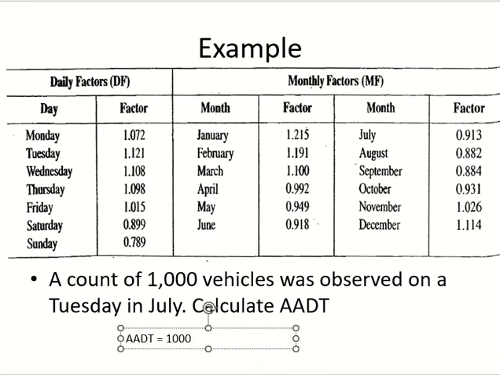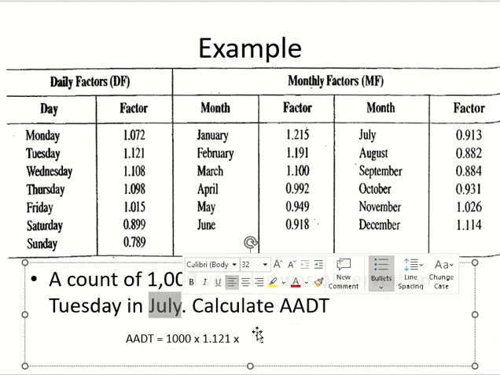So I will take 1000. 1000 is on a Tuesday, right? What is the adjustment factor of Tuesday? This one. And which month? July, right? It's taken in July. So what is the adjustment factor of July? 0.913.